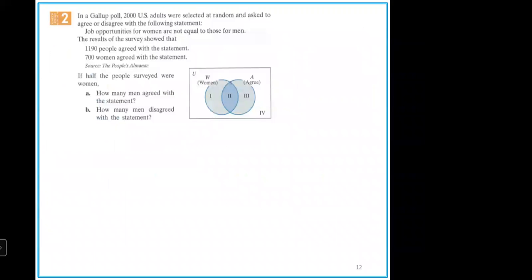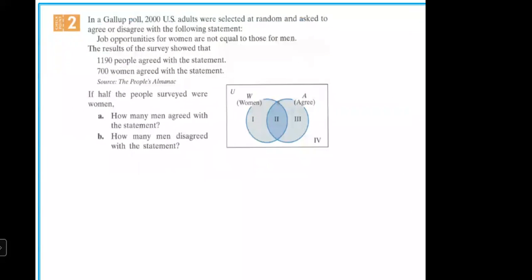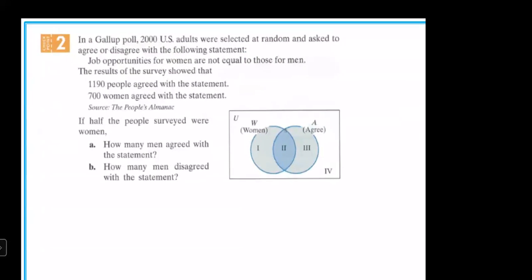All right, so in this case, for checkpoint 2, they actually set the diagram up for you, so you don't have to decide how to set it up. What you need to do then is just decide how much to put in the various regions.